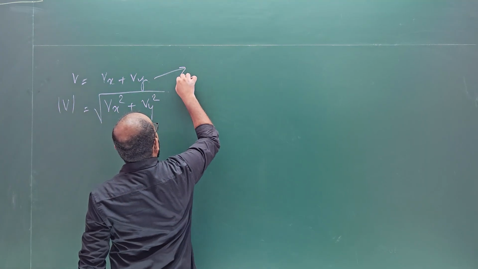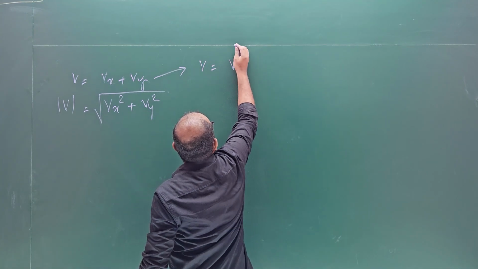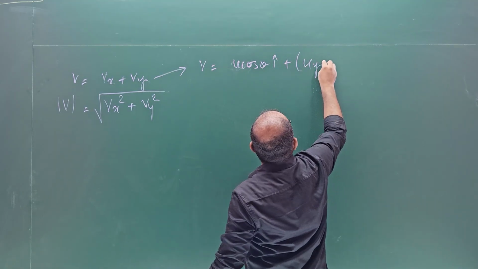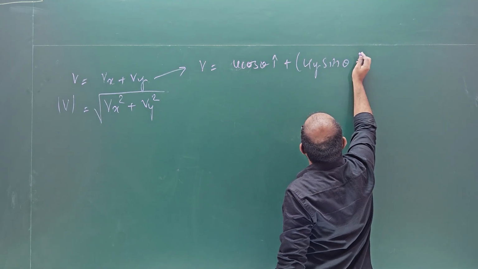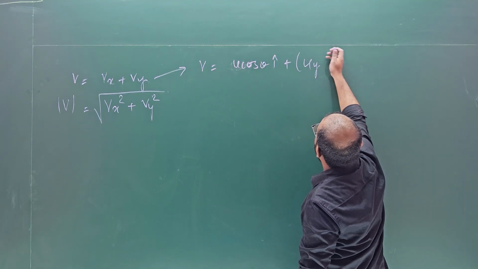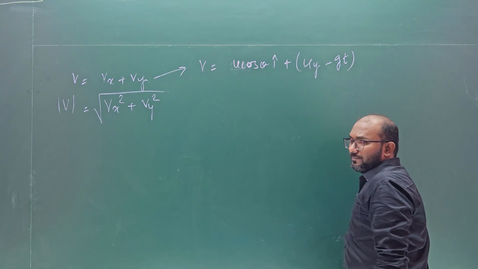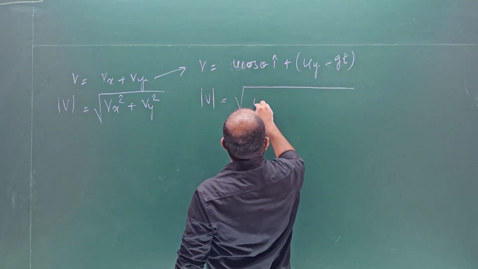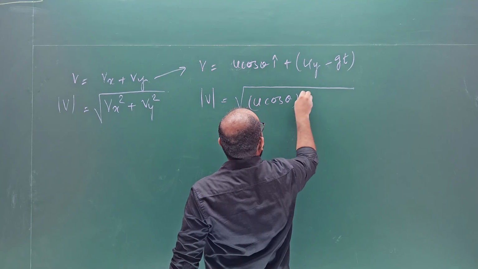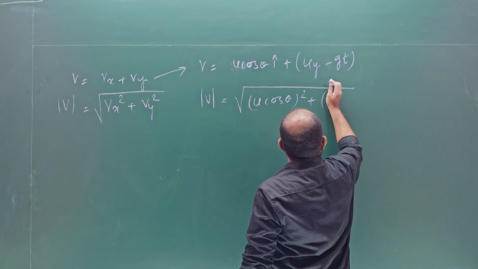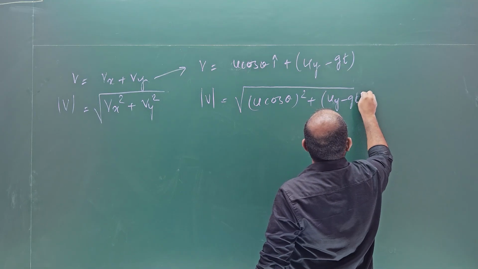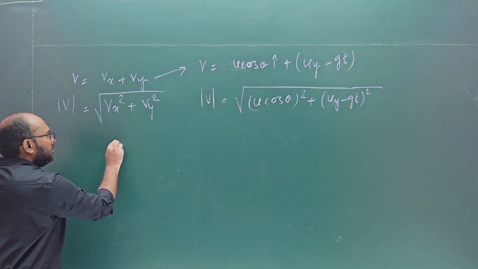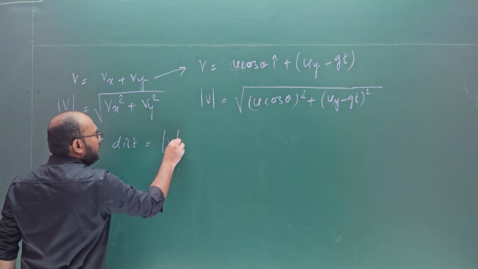Or this can also be written as V is equal to Vx i cap plus Vy j cap, where Vx is U cos theta and Vy is Uy minus gt. Similarly, the magnitude can also be written as the square root of U cos theta whole squared plus Uy minus gt whole squared. From here we can also calculate what? Distance, and distance can be calculated using what? Distance is equal to the magnitude of velocity times dt.